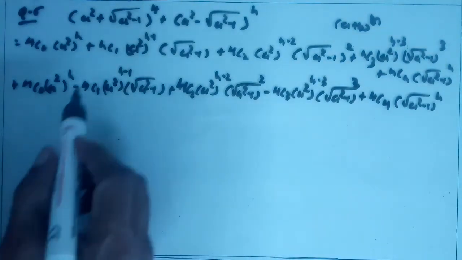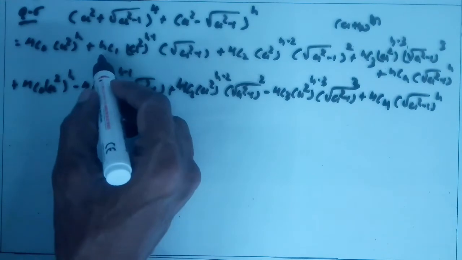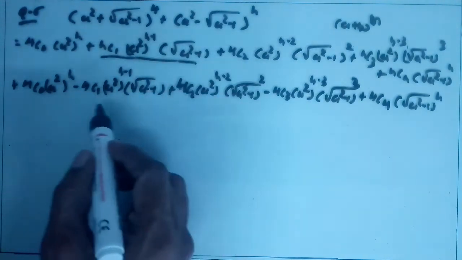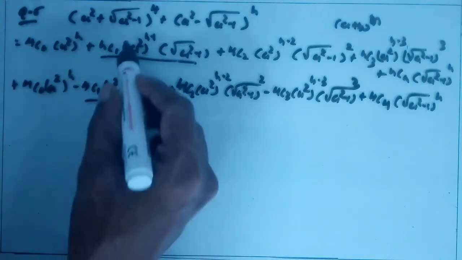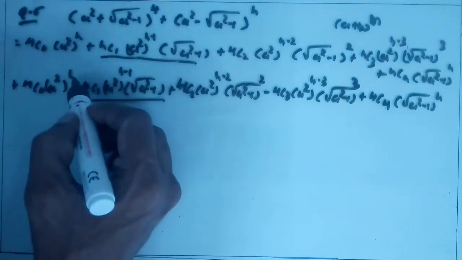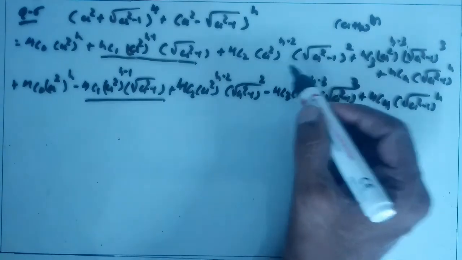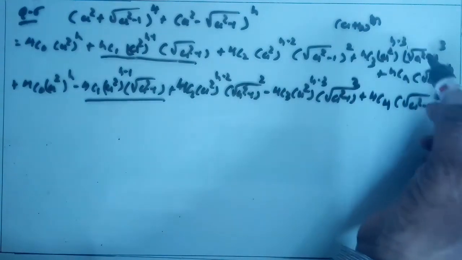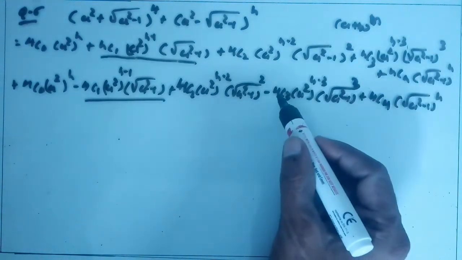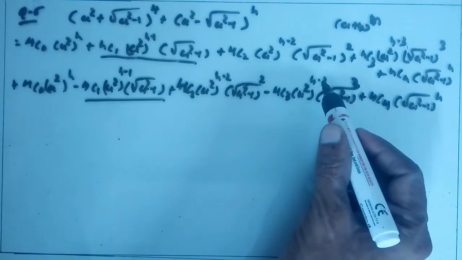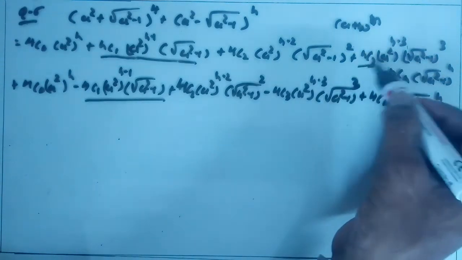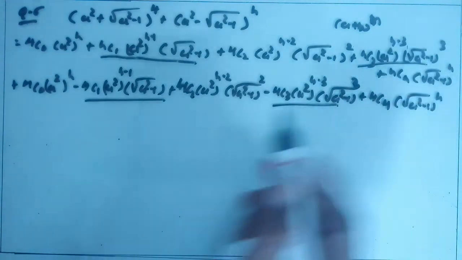Clear? Now 4C1 (x²)⁴⁻¹ √(x² − 1), and this term, both have the same value with opposite sign. Similarly the third term, 4C3 (x²)⁴⁻³ √(x² − 1), and minus 4C3 (x²)⁴⁻³ (√(x² − 1))³, both have the same value with opposite sign, so they cancel.